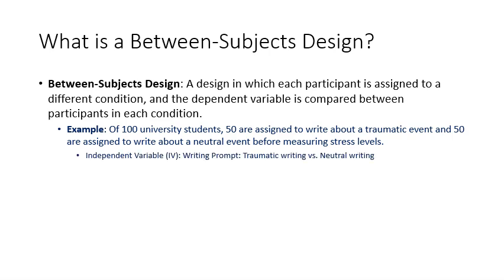And in this example, just to review some key concepts, the independent variable would be the writing prompt. Traumatic writing versus neutral writing are the conditions. And the dependent variable, what they're measuring, would be stress levels. They haven't operationalized it in this example.